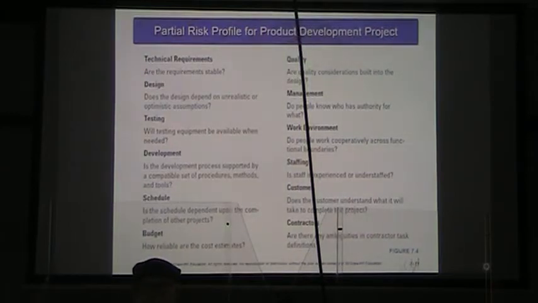Schedule. Is the schedule dependent upon the completion of other projects? Right? A huge consideration. Will we be able to finish this project if project X fails? Our budget, how reliable are our cost estimates?